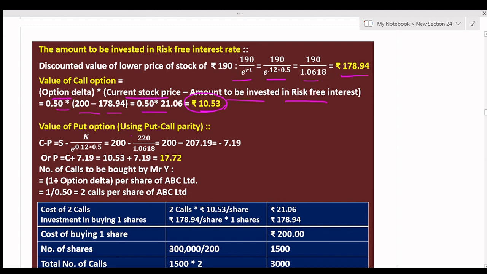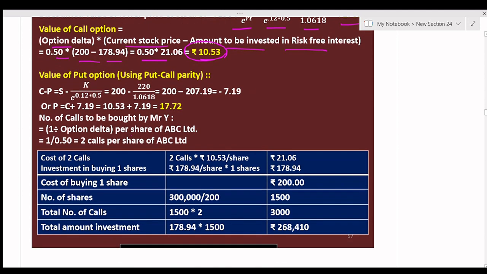The value of the put option, C minus P is equal to, putting the value, you can get the result, that is value of the put option is equal to 17.72. Number of calls to be bought by Mr. Y, 1 by option delta per share of ABC Limited, that is equal to 2 calls per share of ABC Limited.